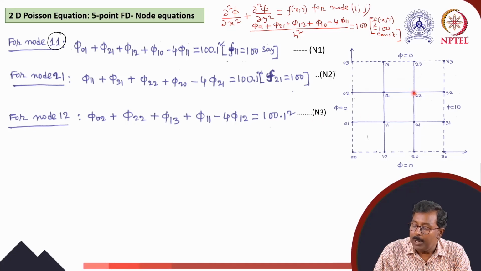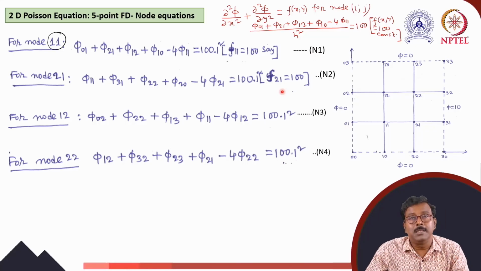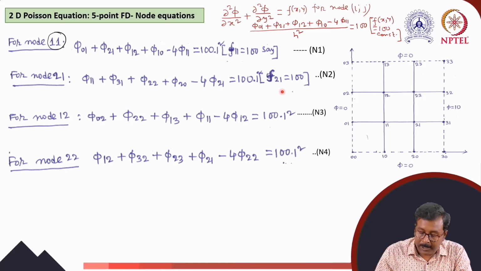And for the 2 2 node, again the same process: left node plus right node plus node at top plus node at bottom minus 4 times the center. So phi 1 2 plus phi 3 2 plus phi 2 3 plus phi 2 1 minus 4 phi 2 2 is equal to 100 into 1 square. These 4 equations are the linearized equations we have obtained.